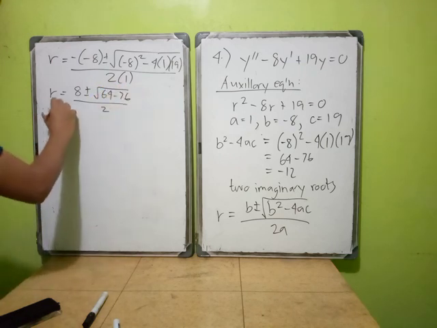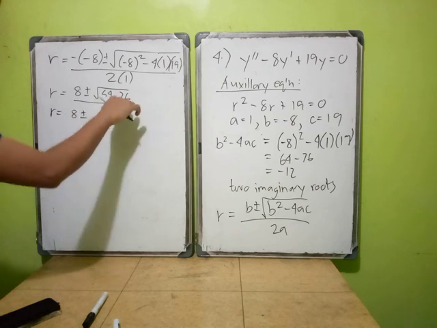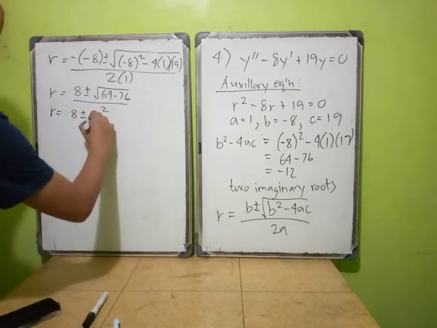So r is equal to 8 plus or minus the square root of negative 12, over 2a. I'm sorry, I forgot the negative b, so it should be negative negative 8, which is 8.